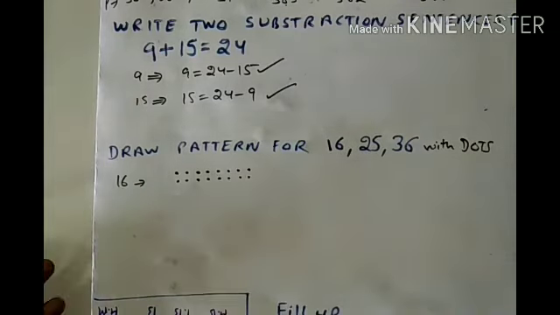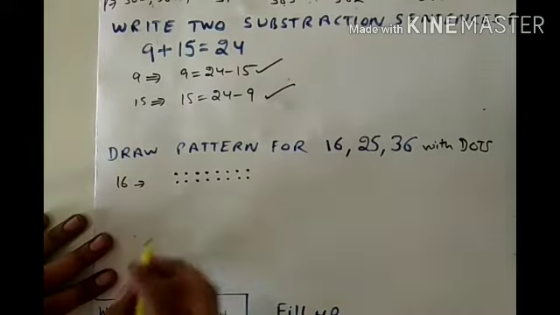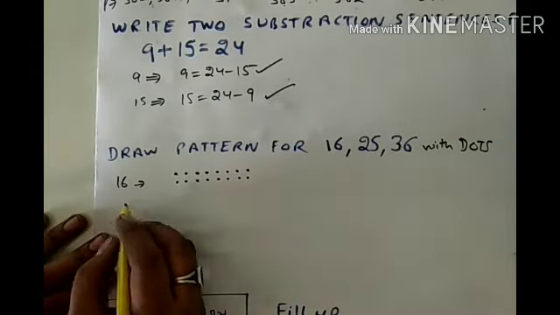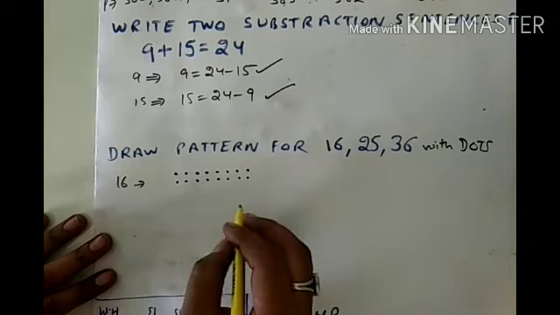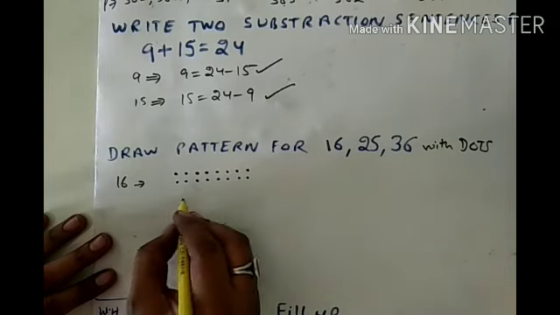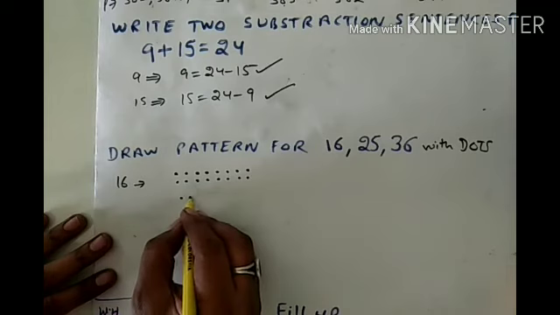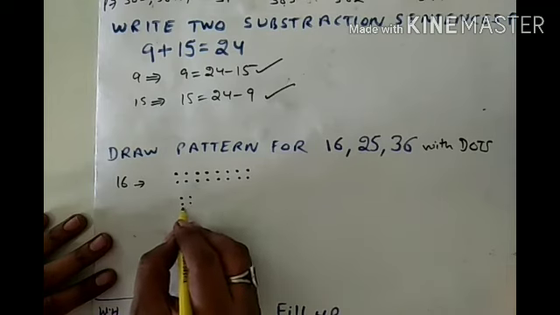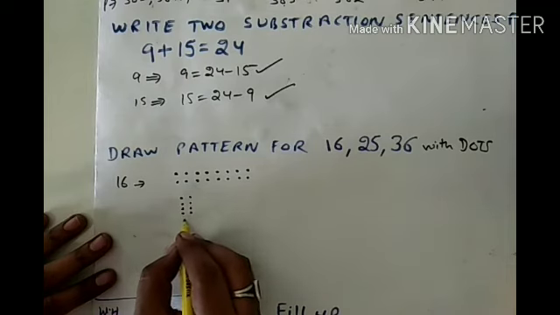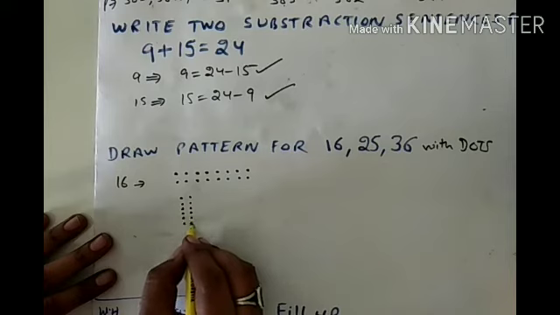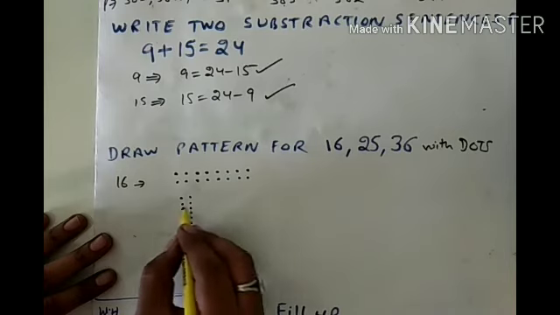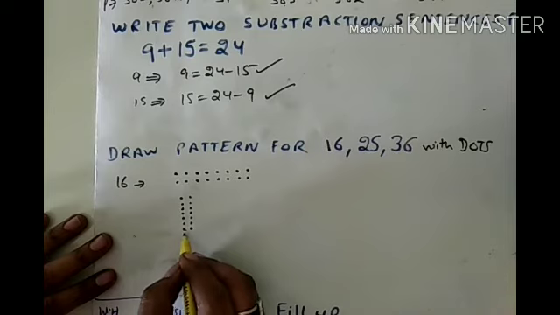Clear? Now I can also make 16 in another way, that is 2 dots in each column, across 8 columns.